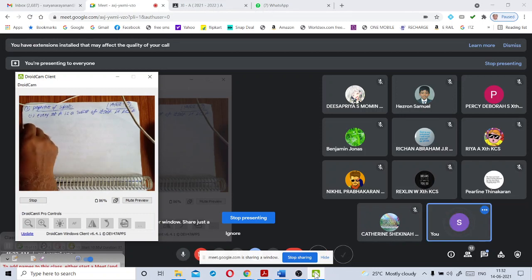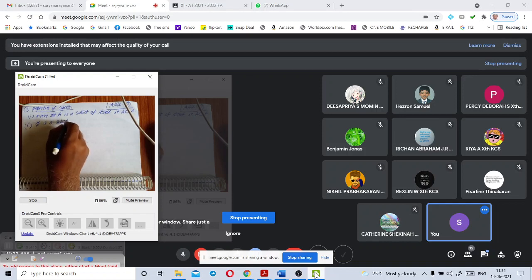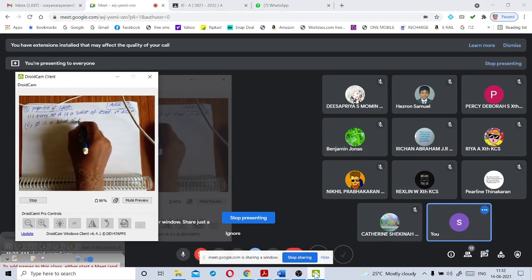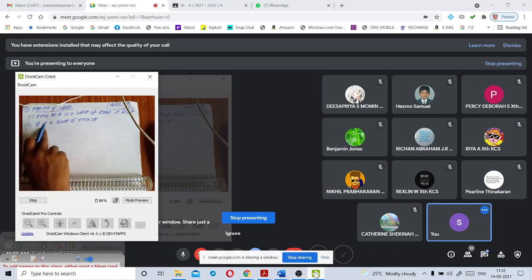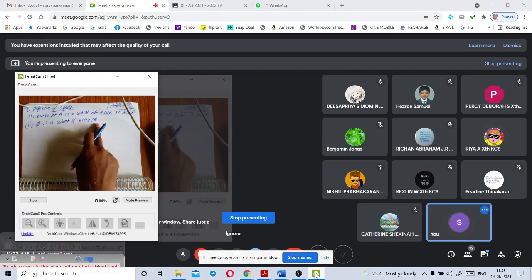Next point, how do you read this one? My dear Ria, can you read this line?